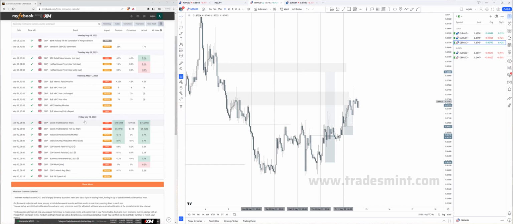It's more manageable than the dollar because the dollar is obviously the world reserve currency, so it will have a heavier impact. Now, if we know that there's CPI on Wednesday for the US dollar, then on Monday, Tuesday, and Wednesday, we want to trade a cross pair.